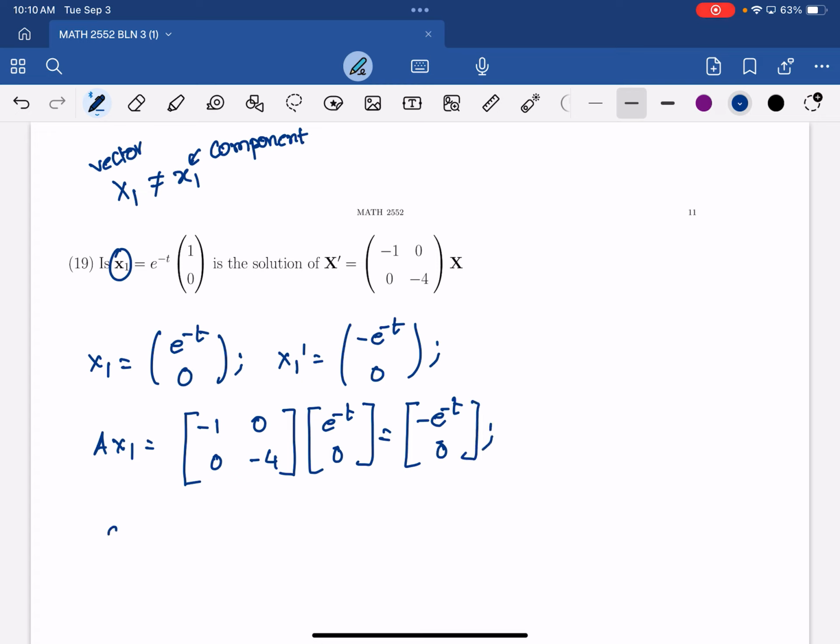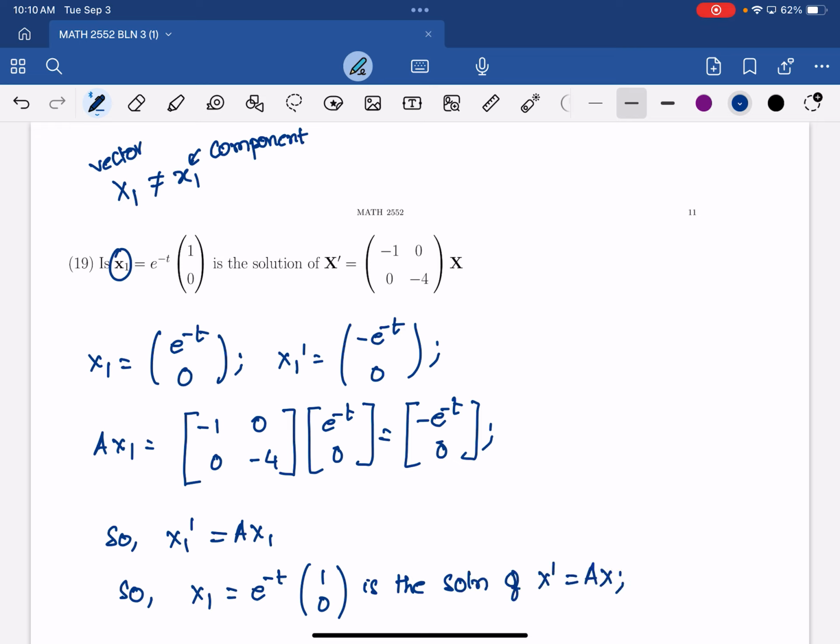So what can I say? x1 prime equals Ax1. So x1 equals e to the negative t times the vector 1, 0 is a solution of x prime equals Ax. That's the first thing.